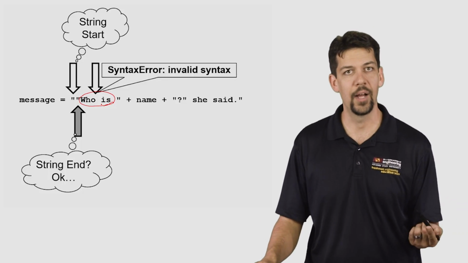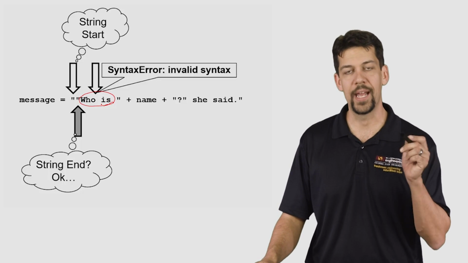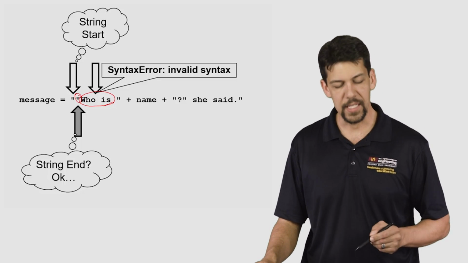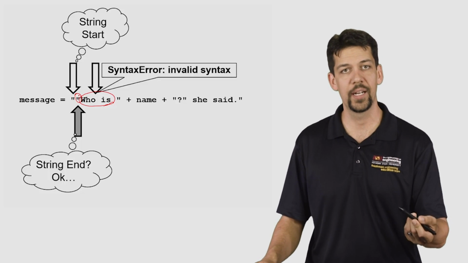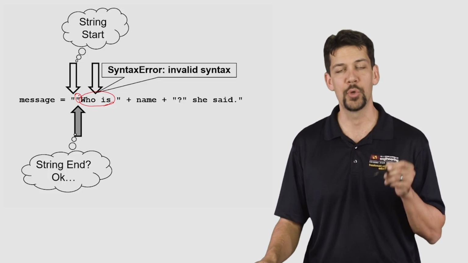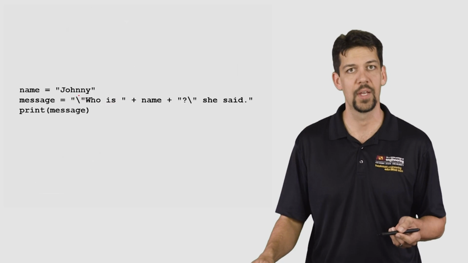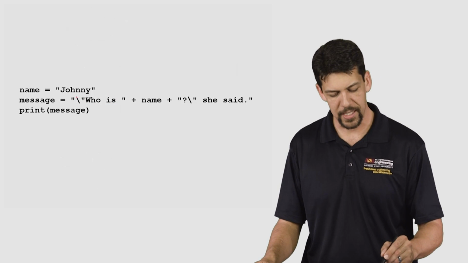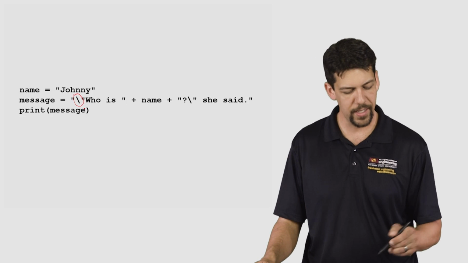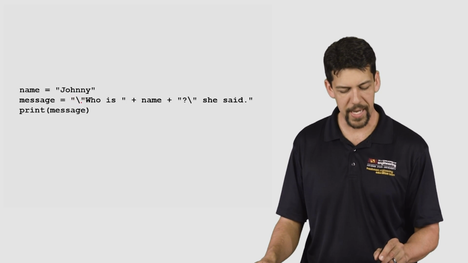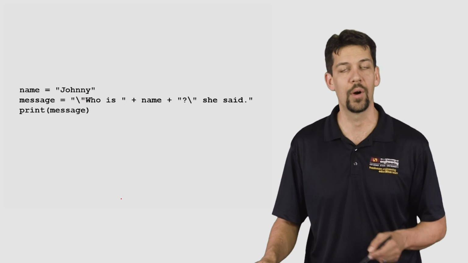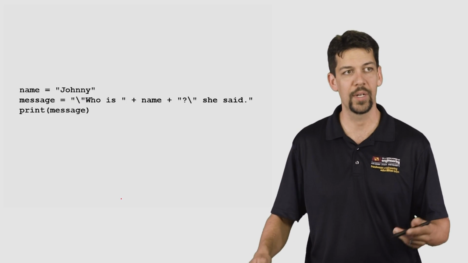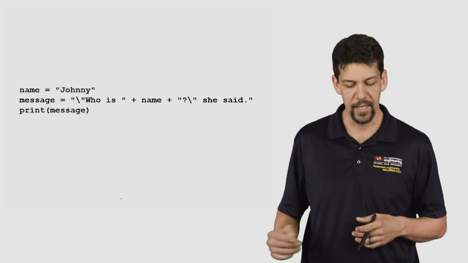So let's enter how to include these quotes inside of strings, how to get the Python interpreter to ignore certain sets of quotes. And we do that with what's called the backslash, right? So what we did here is we included a backslash in front of the quotes that we want Python to ignore. We don't want those to be the string delimiters there.